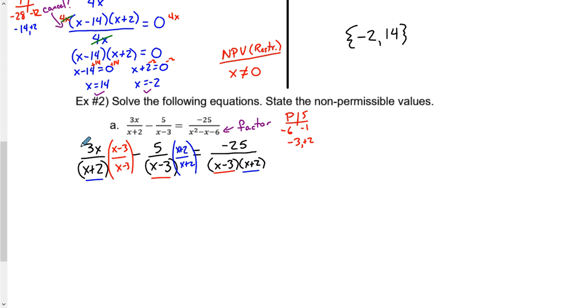And then we distribute and combine like terms. The entire denominator is going to be an x plus 2 and an x subtract 3. In our numerator here, 3x onto x is a 3x squared. 3x onto a -3 is a -9x.